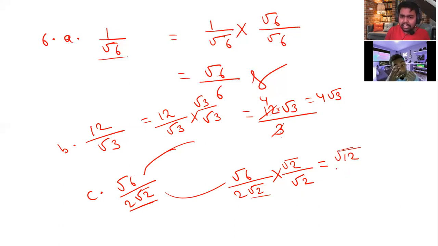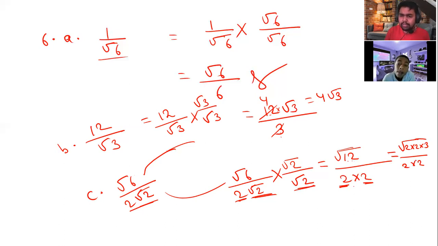And can I also write here 2 times 2, because this root 2 and root 2 multiplied together will make 2, and 2 is already there. One 2 is already there, one 2 is made by them. Are you getting my point? 2 multiplied by 3. Now try to understand one more thing here. Can I break 12 like this? See, 2 times 2 times 3. Can I break like that?